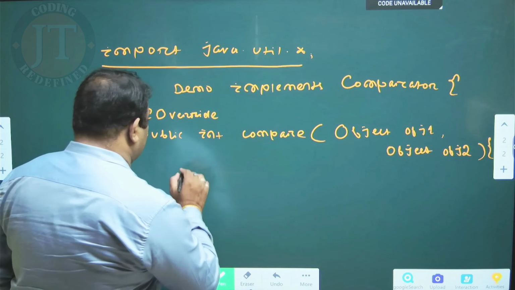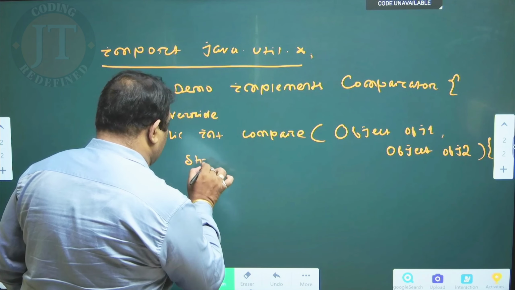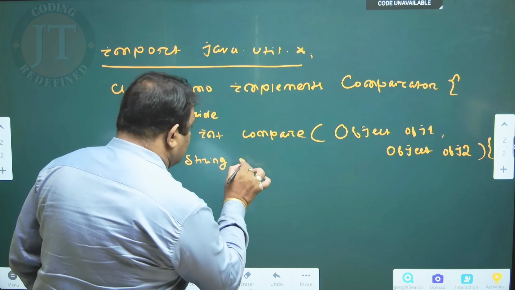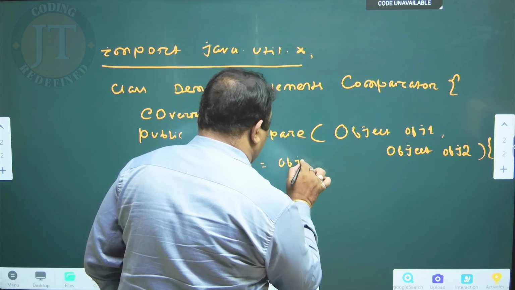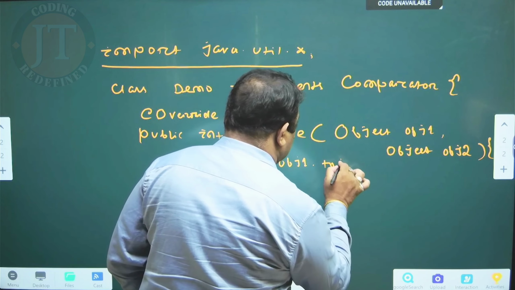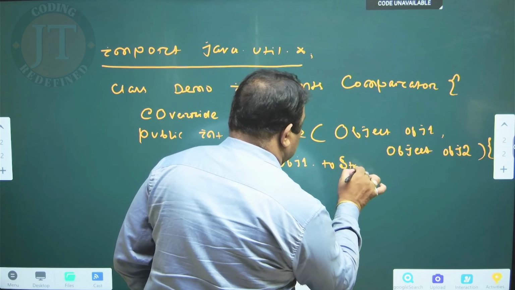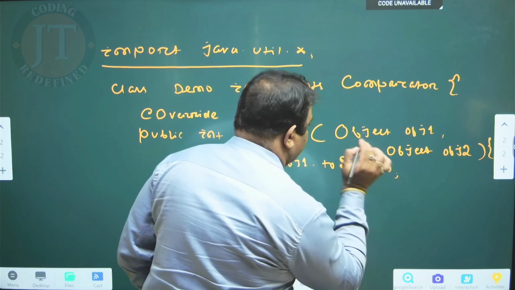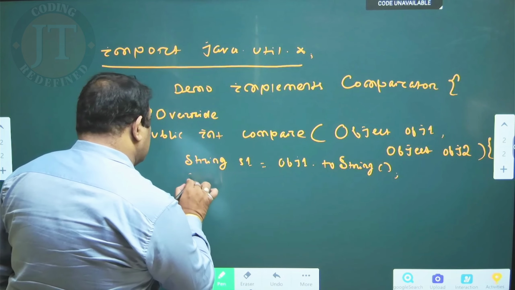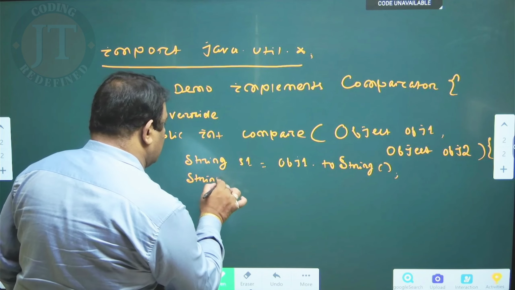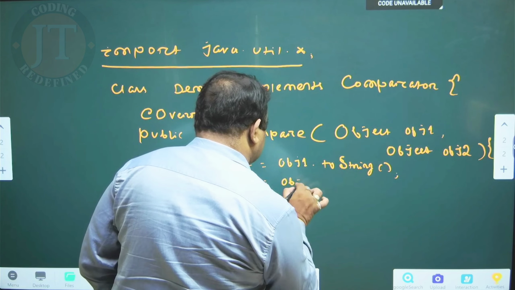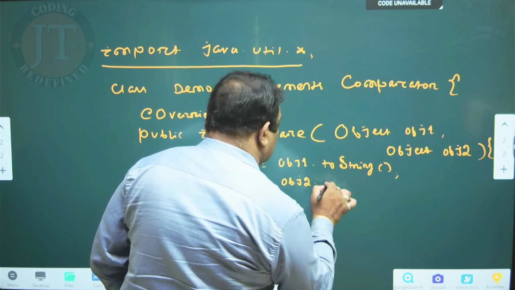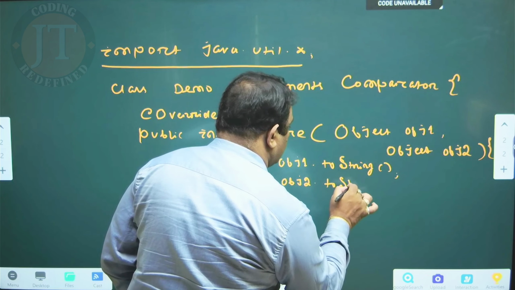I write here: String s1 is equal to obj1.toString(). In the same way, I write String s2 is equal to obj2.toString().